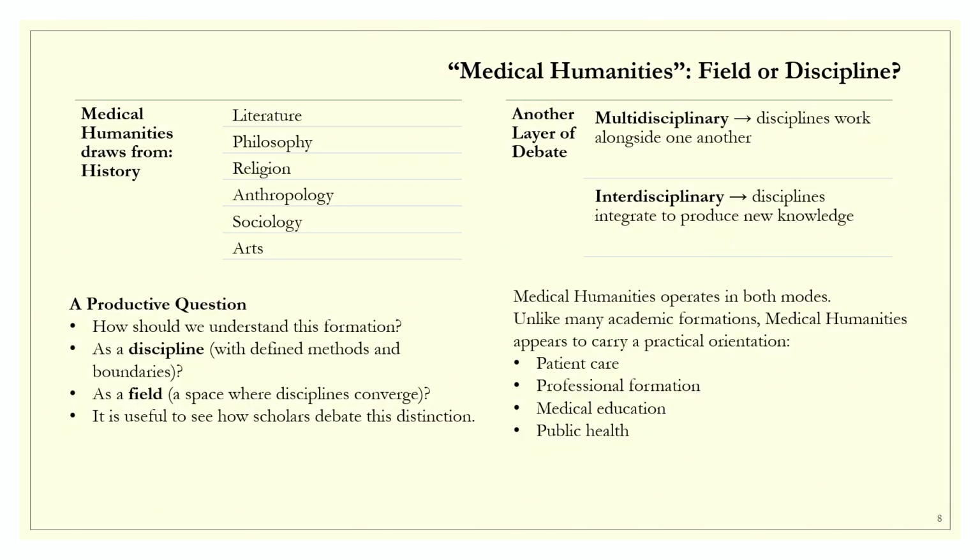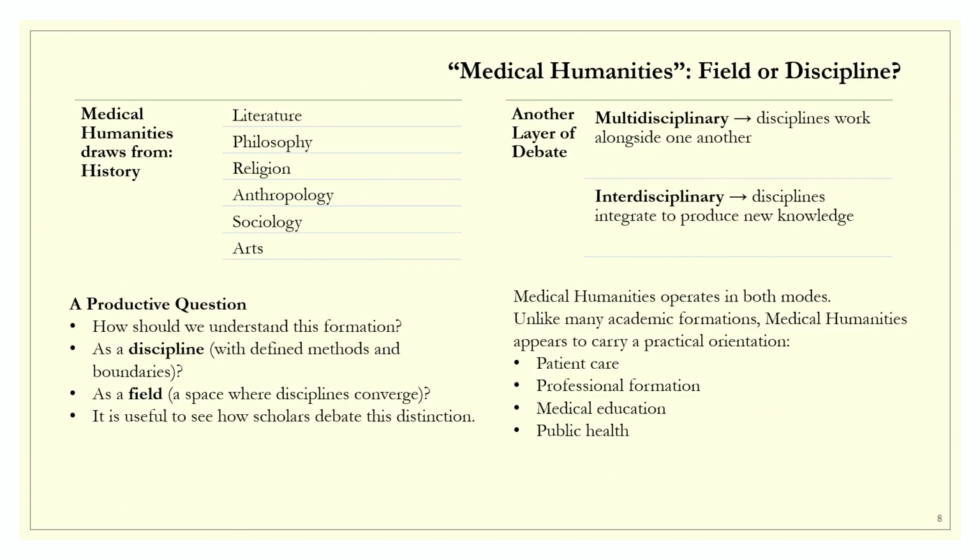When we discuss medical humanities as a field or discipline, we use the term medical humanities, but we don't know. So, the field draws from different disciplines: history, literature, philosophy, religious studies, anthropology, sociology, and the arts.